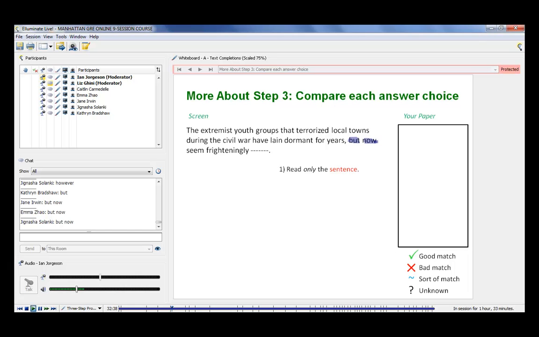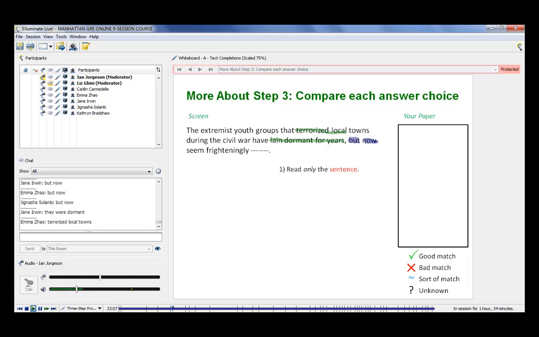That tells me that there's a time change, right? So what used to happen? But now something's happening, tells me this is new. Yeah, they were dormant, have lain dormant for years. Good. And also, they terrorized local towns.